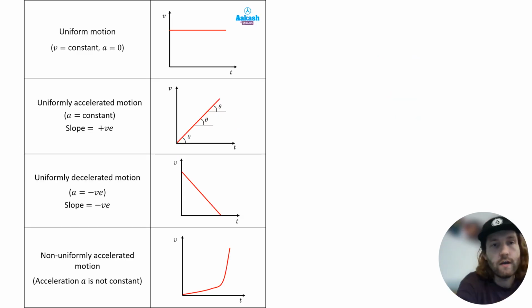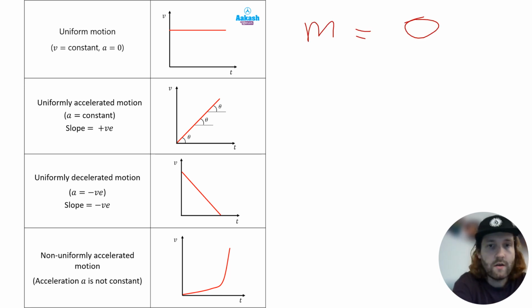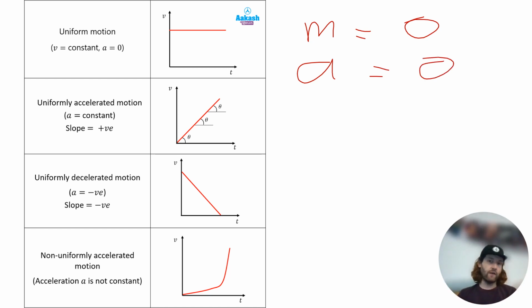So here we go. This top graph here, gradient is 0, meaning acceleration is 0. So if acceleration is 0, it's either stationary or it is moving at a constant speed. Which is it going to be? Well, it has a v value. It has a non-zero y-intercept.